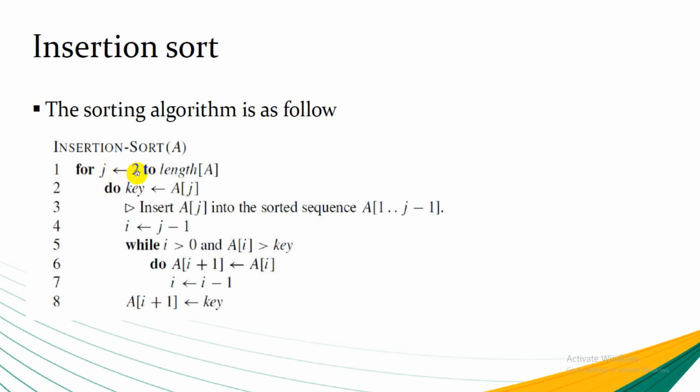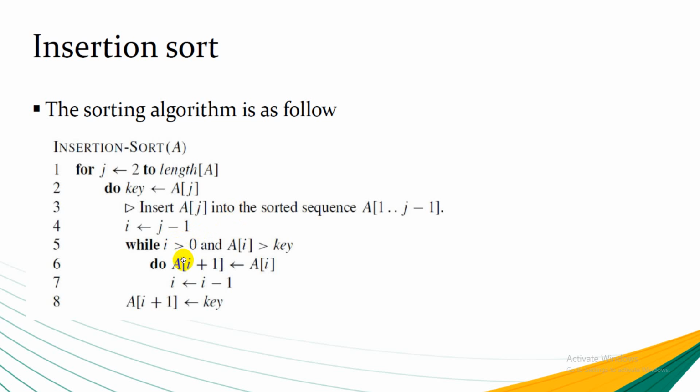You are assigning to the variable j the value of 2. Then, for example, this symbol means the comment.